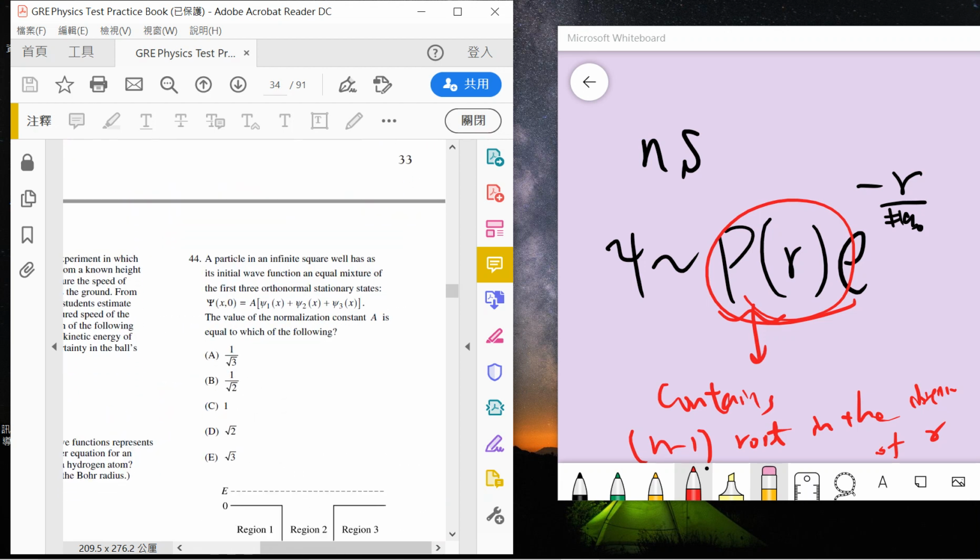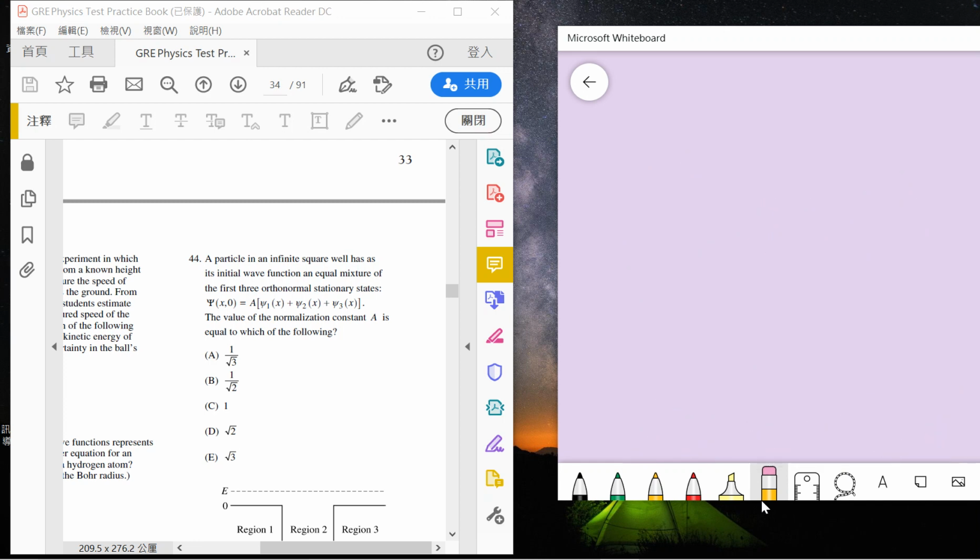Okay, so 44, basically you have three orthogonal wave functions, and you combine them into another wave function and ask about A. This is easy because you know that you want this wave function to be normalized to 1.